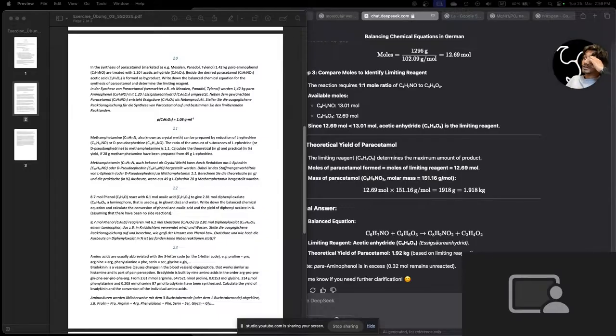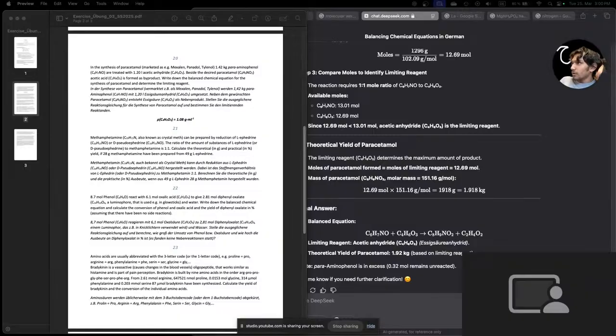So, methamphetamine C10H15N, known as crystal meth, can be prepared by production of L-ephedrine or D-pseudoephedrine. Both are same, right? Yeah, the chemical composition is same.